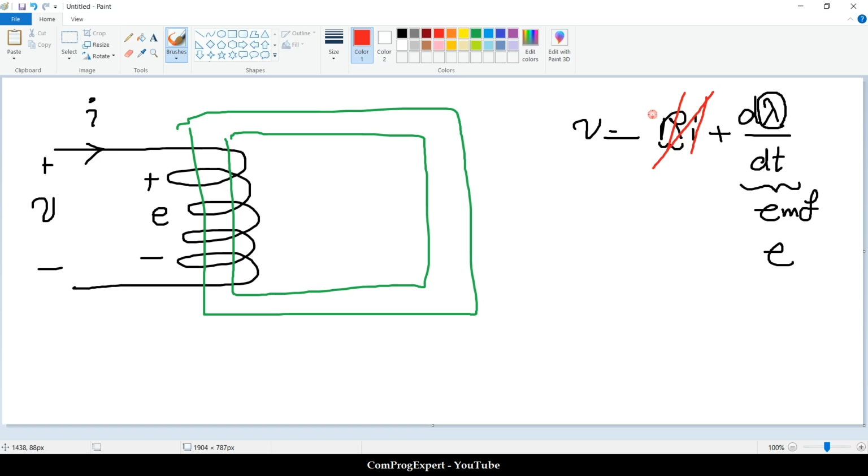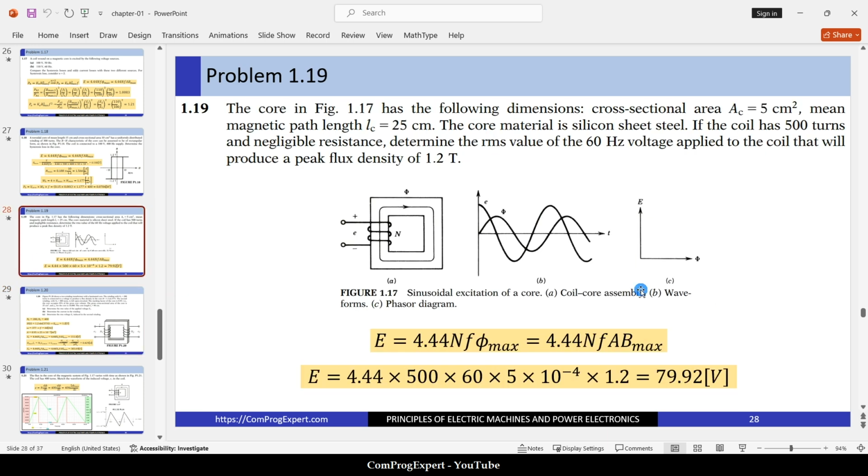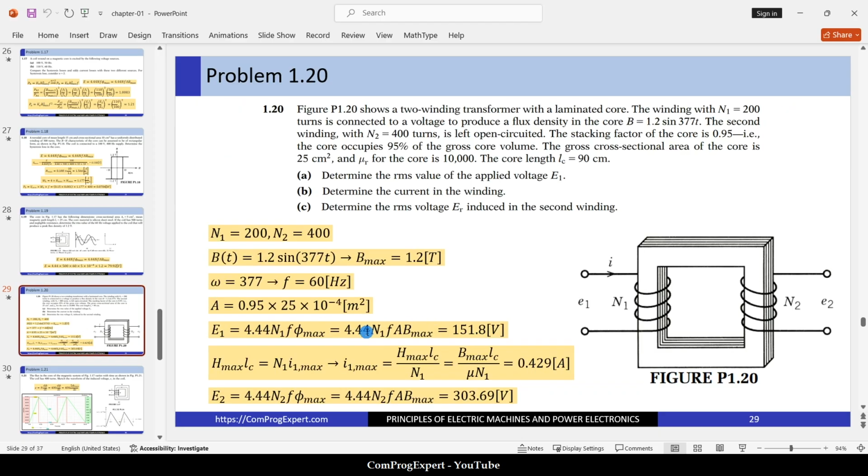If we neglect this term, the V is equal to the E, the induced voltage. And what is the E? The RMS value of the E is equal to 4.44 N1 f B max times the area. You remember this equation, right? From the previous problems, this one that we used.